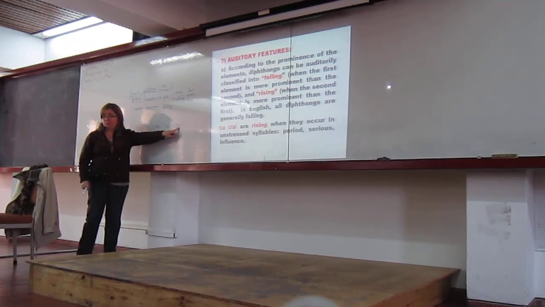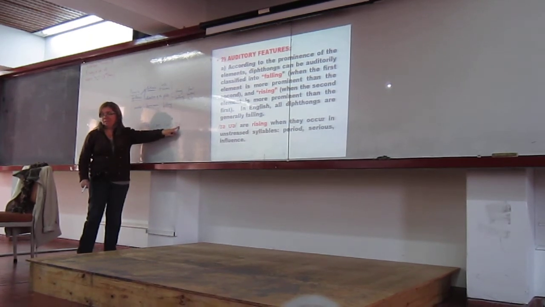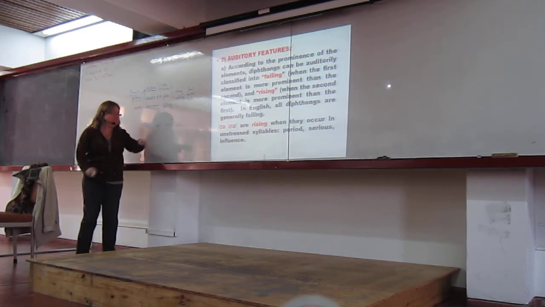Always central. And if we consider the height of the tongue, the direction of the tongue, how high the tongue is, the tongue moves from what? A closed position to a what? Centering position. So we call it centering.